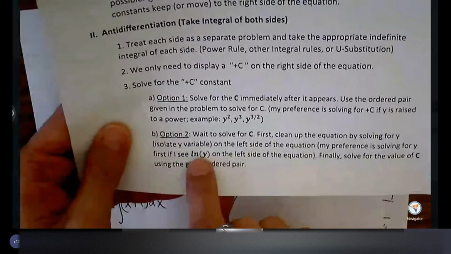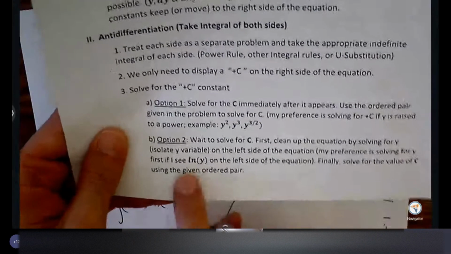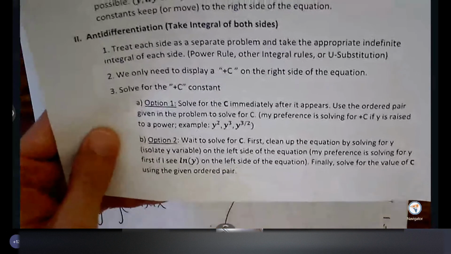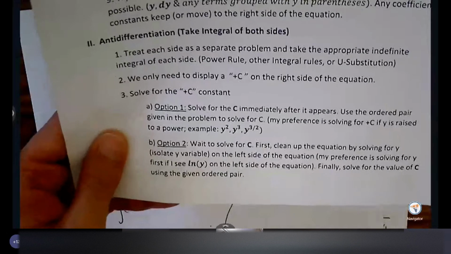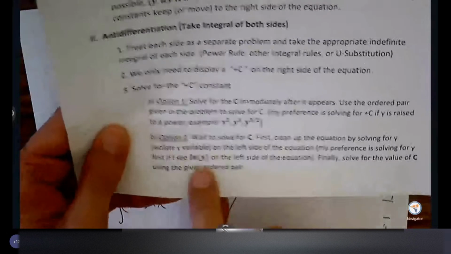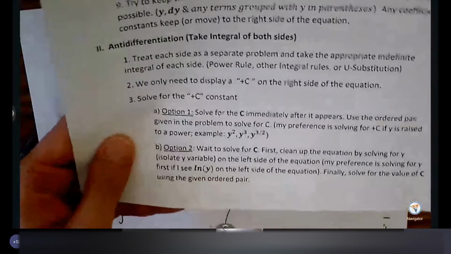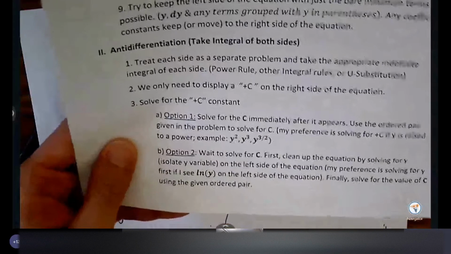I'm going to skip that y by itself and wait to the very end to solve for C, because the nice thing about natural log is that through the process of solving for y, that C is going to absorb, it's going to suck up a lot of the messiness around it, and it's going to clean up to be a fairly easy and nice equation. So I would rather wait until it gets nice and clean before I solve for the C value.